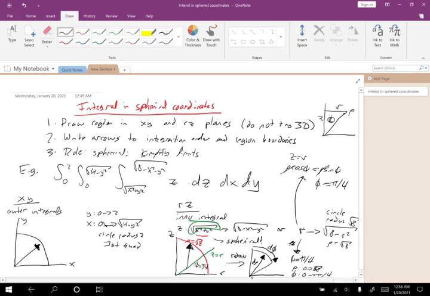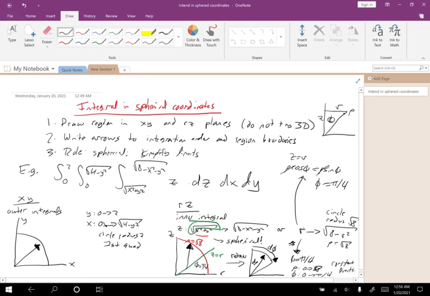Well, rho can only go from 0 to the outer curve, and our phi is restricted to from 0 to pi over 4. So, in fact, this is much simpler because now our integration limits are constant.